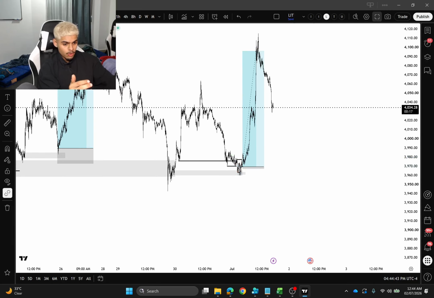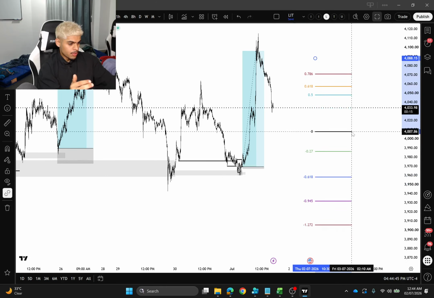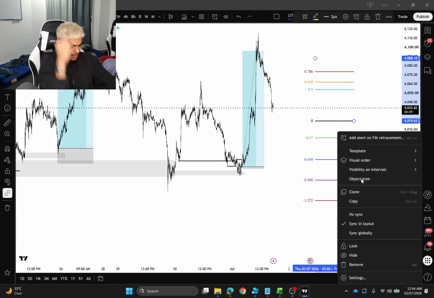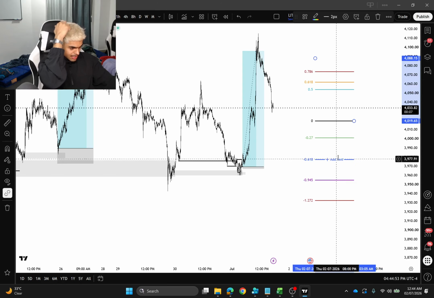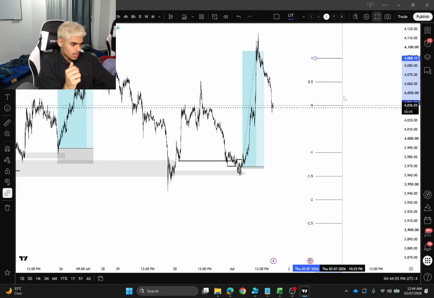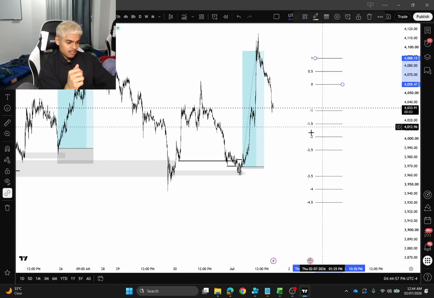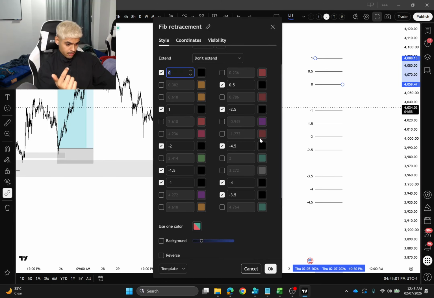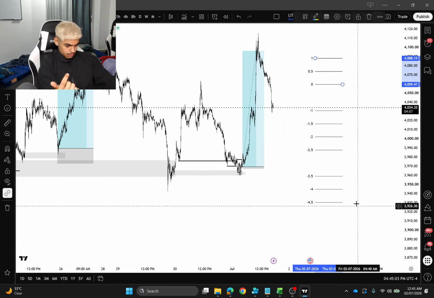Now you might ask me, what are my fib settings? So these are my fib settings, if you want to copy. And then I also have standard deviation, which is BSTDV right here. This is to know the manipulation legs, expansion, and reversal zones. So these are the settings for that. Feel free to take a screenshot and use them.